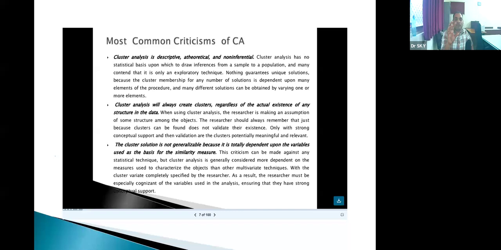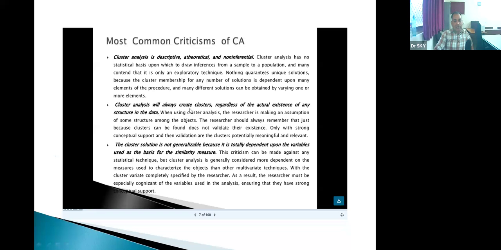There is no theoretical or mathematical ground on the basis of which we can classify, as we do in classification in discriminant analysis. So that is why there is some criticism of this one. It does not have a statistical, solid ground on the basis of which we can classify the objects into different clusters.